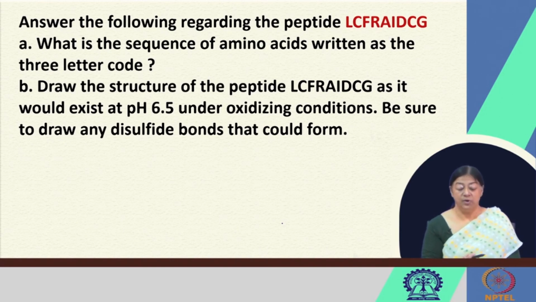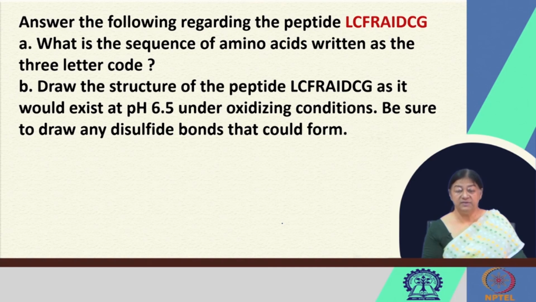Now, we have to answer the following regarding this peptide LCFRAIDCG. These are one letter codes. So, we want to understand what is the sequence of amino acids written as the 3-letter code, and then draw the structure of the peptide as it would exist at pH 6.5 under oxidizing conditions, and we have to draw any possible disulfide bonds.